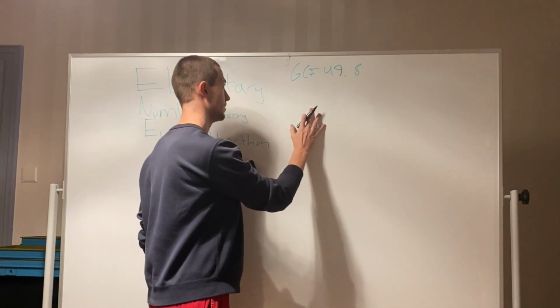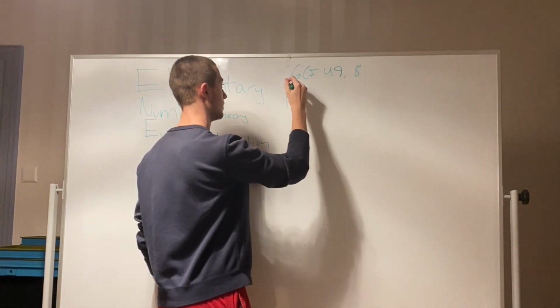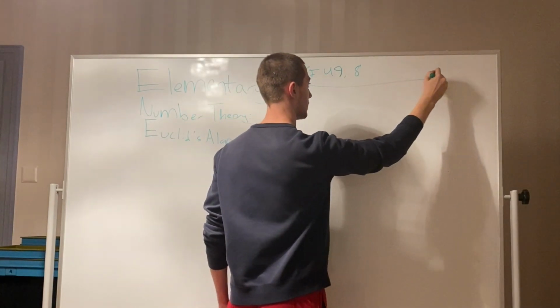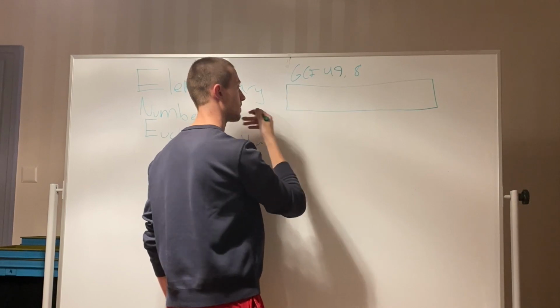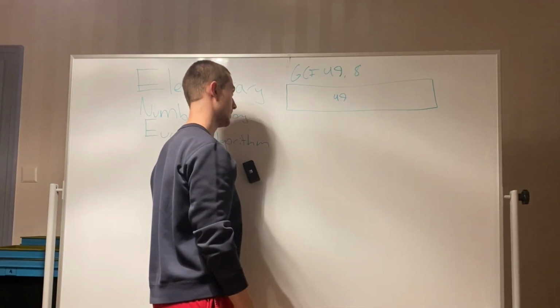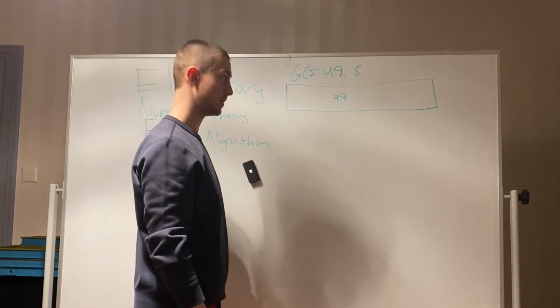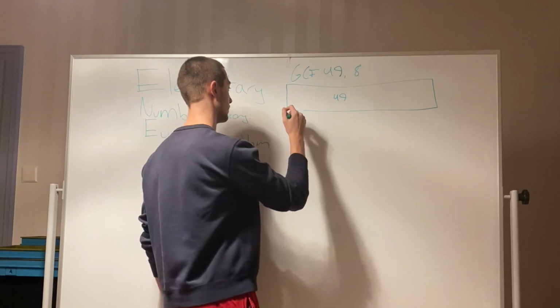So first we draw out our big block of 49. Okay, we know that 49 is not evenly divisible by 8. However, we know that 48 is divisible by 8, so we're quite close.